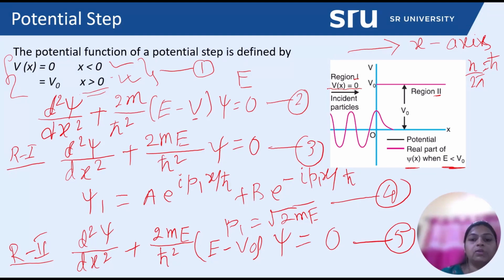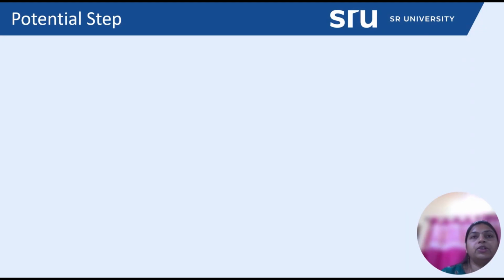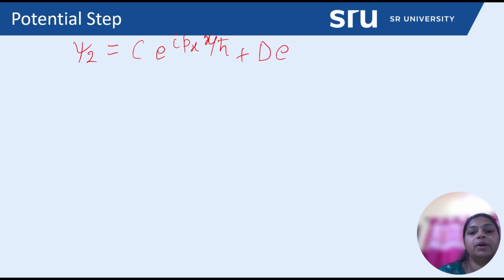The solution of equation 5 looks like psi 2 equals some constant c times e power i p2 x by h cut plus d e power minus i p2 x by h cut.